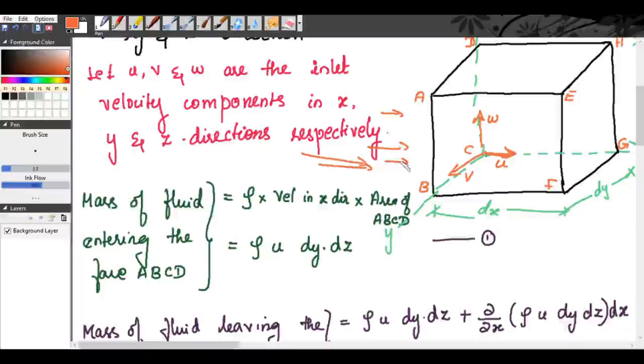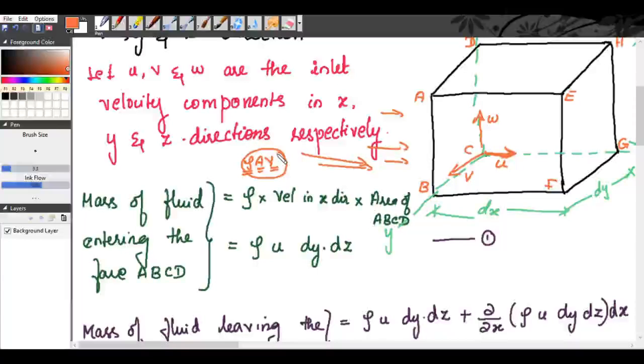When the fluid is flowing, the mass of the fluid entering the phase A, B, C, D will be equal to, we know our continuity equation is density into area into velocity.